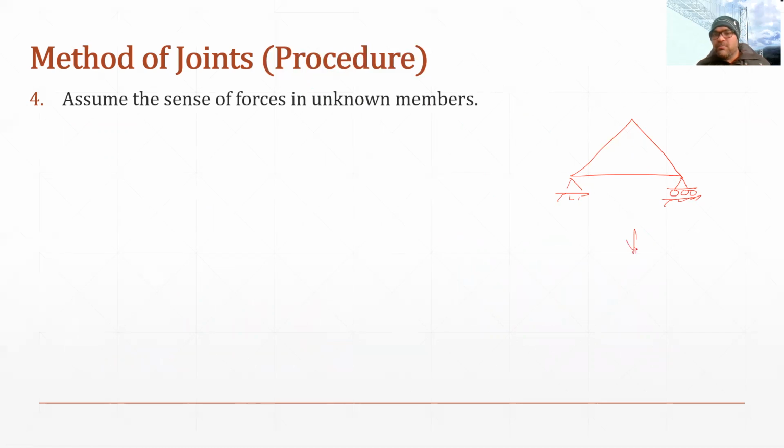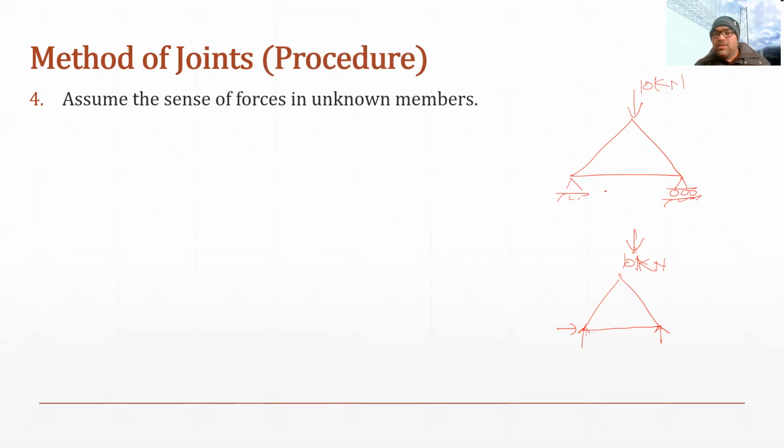So the free body diagram of this truss would be like this. This is the hinge support, so it will have two reactions, and this is the roller support, so it will have one reaction. Say it has one force, 10 kilonewton.